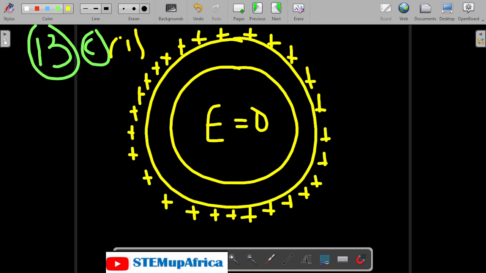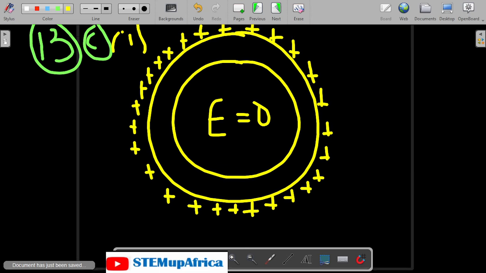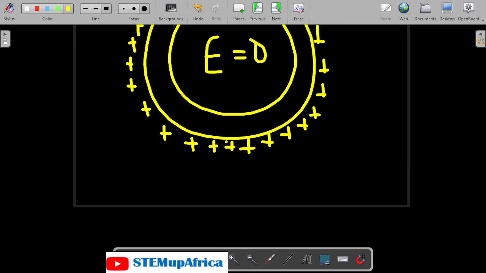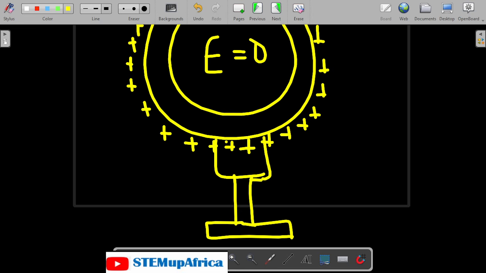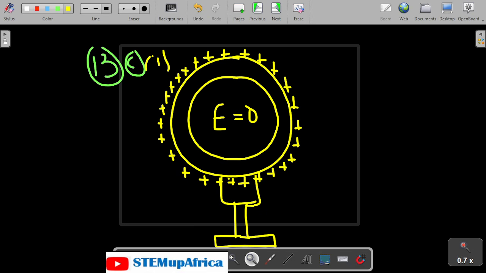Here we have our insulated stand. Just sketching something like this. So here is our insulated stand.